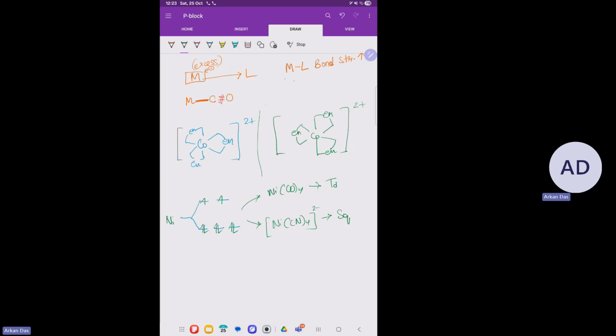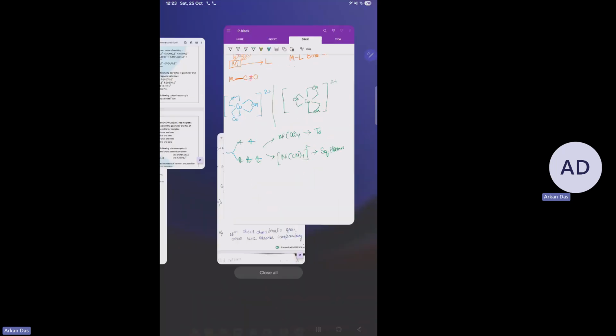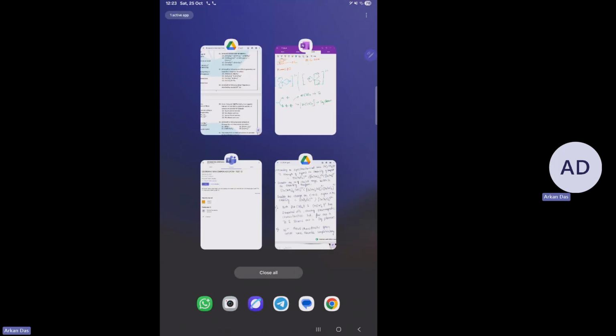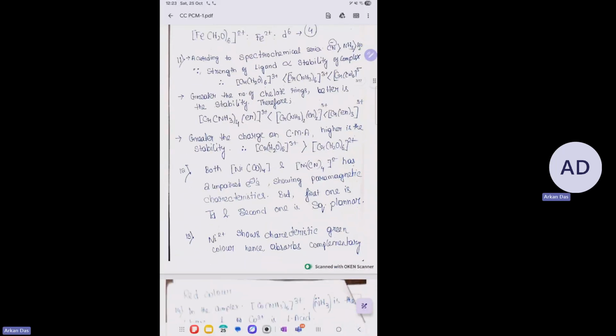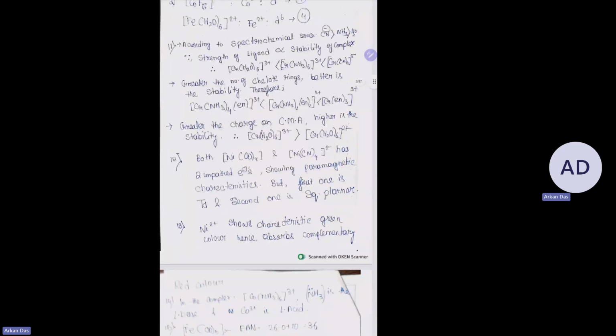Here it will show square planar. So the magnetic characteristic remains the same, but overall the arrangement changes. Two unpaired electrons show paramagnetic characteristics in both cases. The first one shows tetrahedral structure, whereas the second one shows square planar structure.